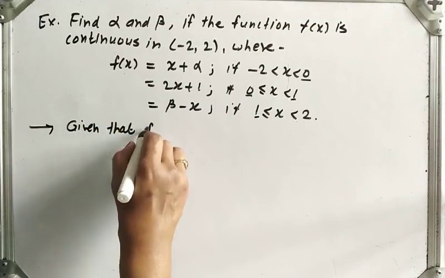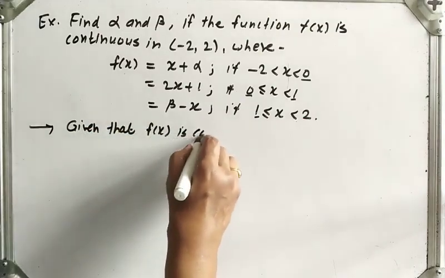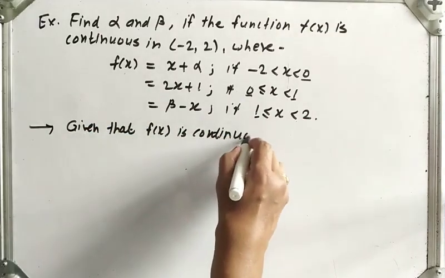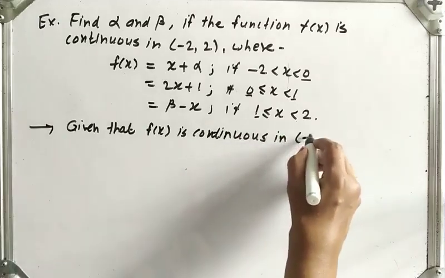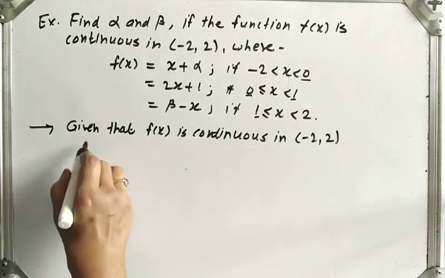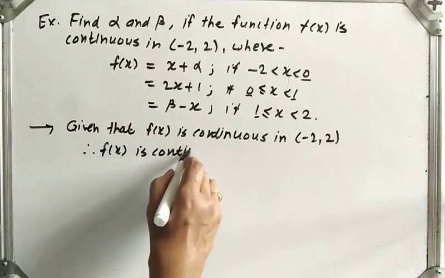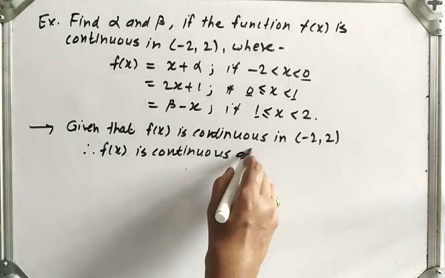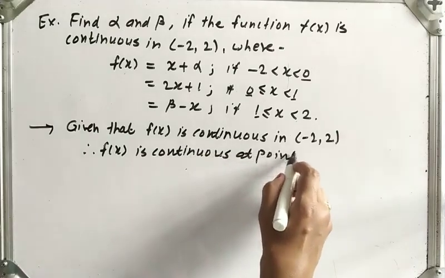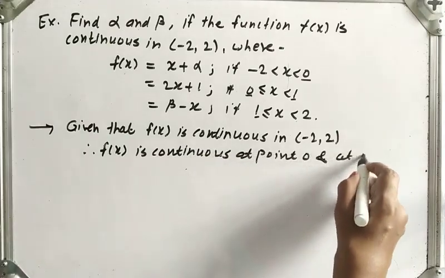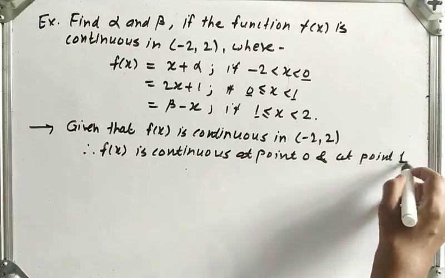Given that f(x) is continuous in interval -2 to 2, therefore f(x) is continuous at point 0 and at point 1.